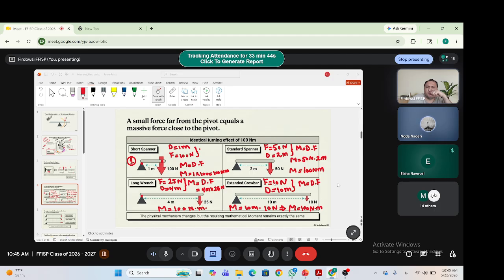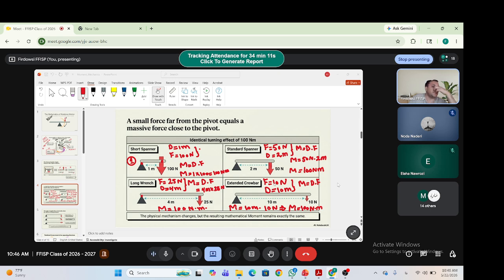Is it a direct relationship? Yes, it is a direct or proportional relationship. It means that by increasing the distance, we will have more what? More moment. But what about the relationship between the force and the distance?